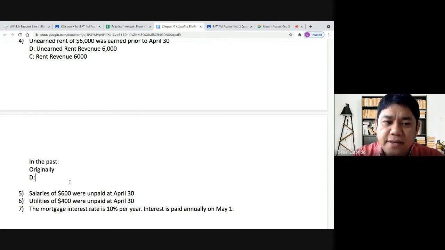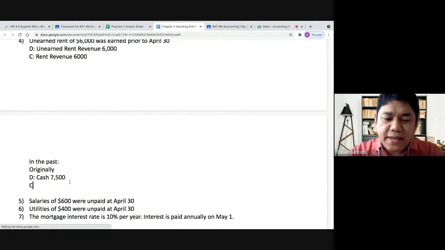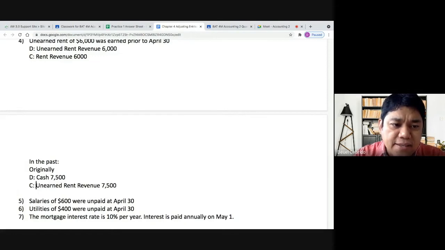The debit there is cash amounting to 7,500. We receive the cash from the renter. We are the landlord, by the way. And then of course credit unearned rent revenue, 7,500. This one, guys, is still unearned because it's just like an advance payment given to us.